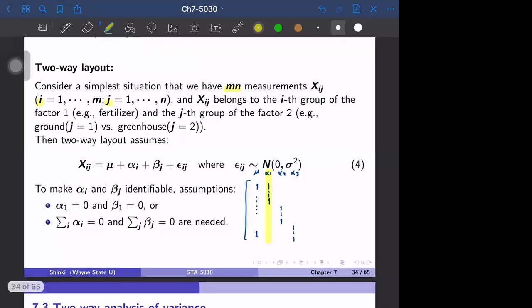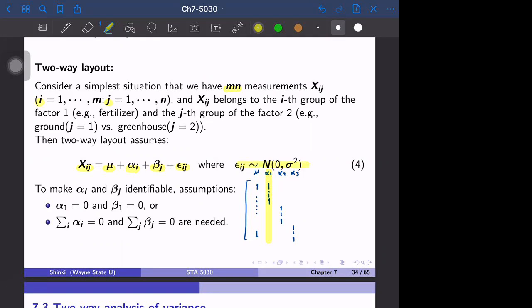The two-way layout assumes that x_ij, the yield, is equal to an intercept plus the contribution determined by the first factor's i-th level, and the contribution of the second factor's j-th level, plus an error term.